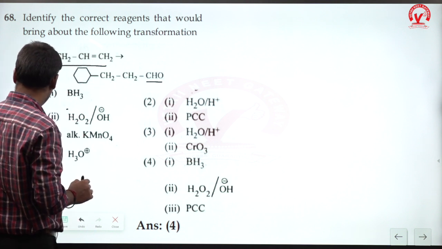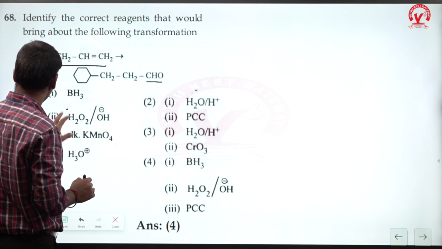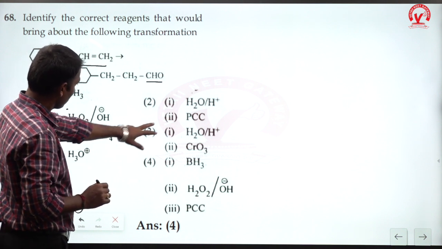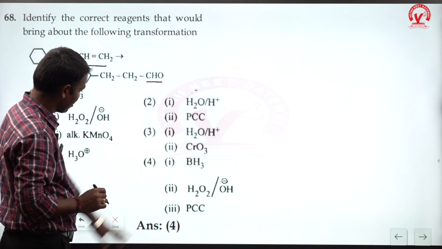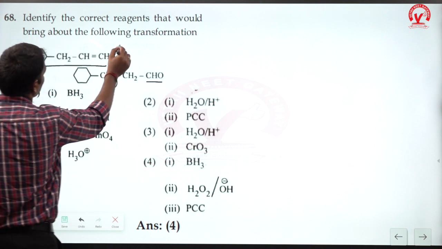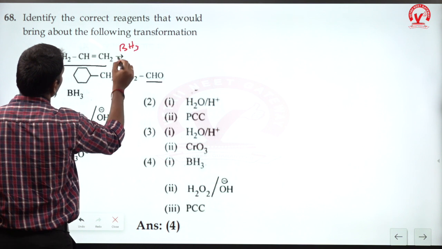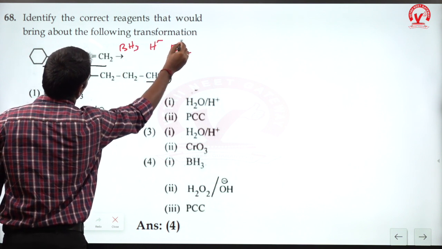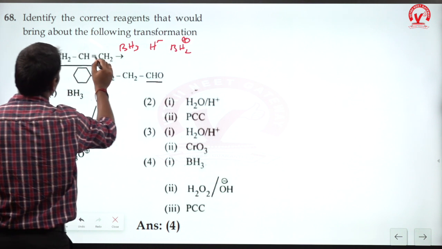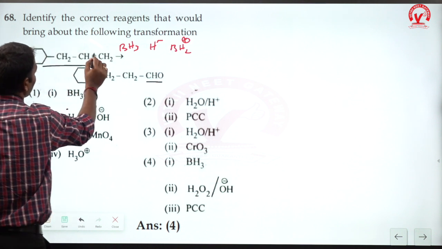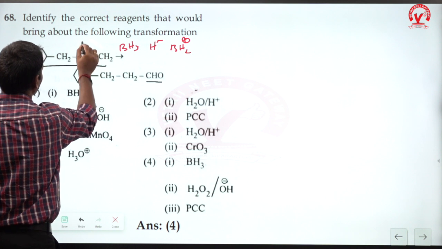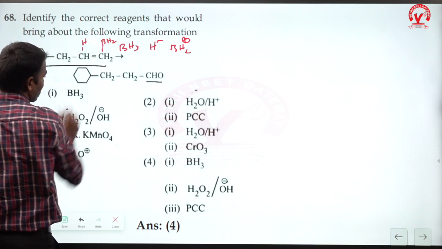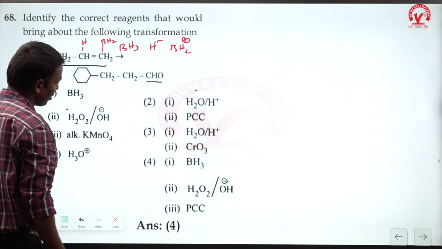Option 1 they give BH3, option 2 they give this, option 3 this, option 4 this, right? First if you take BH3, it is H minus and BH2 plus, so the H minus attacks here and BH2 attacks here in the first step, boration.